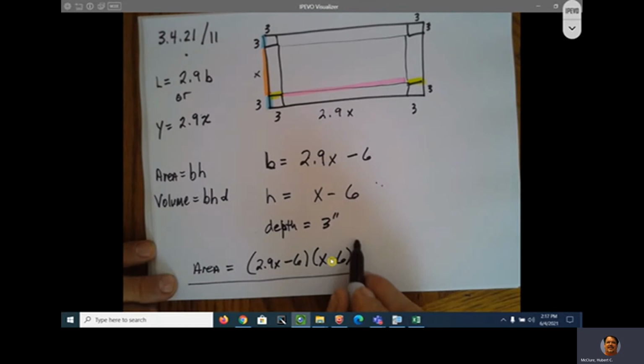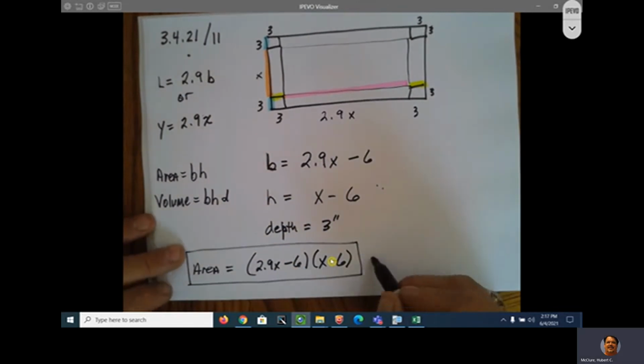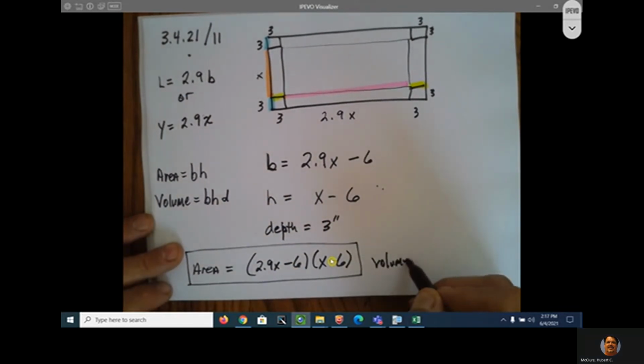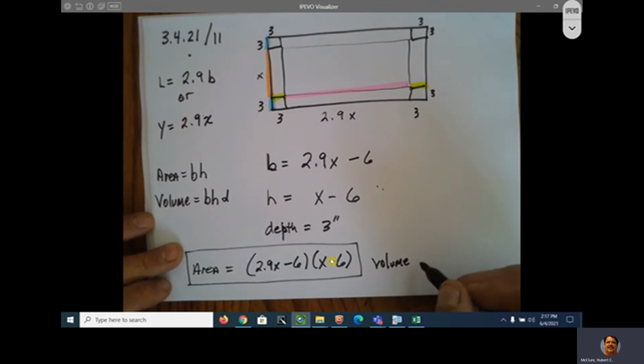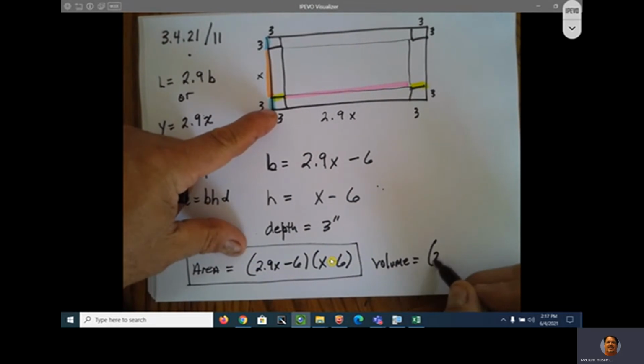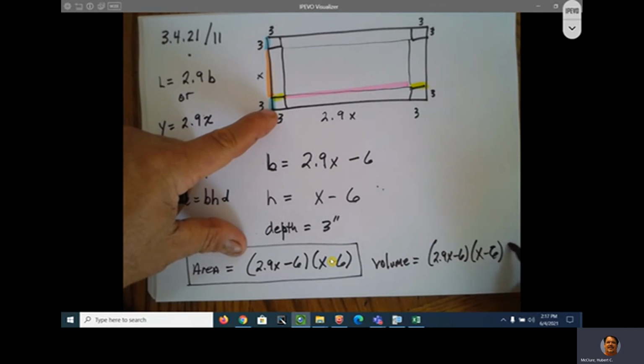That's the area. And the volume is equal to 2.9x minus 6, x minus 6 times 3. And that's the volume.